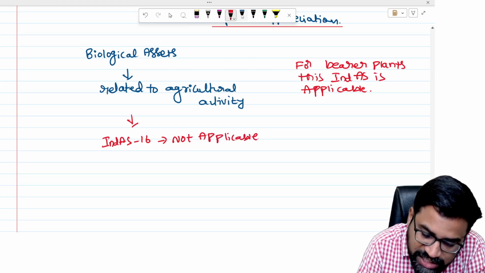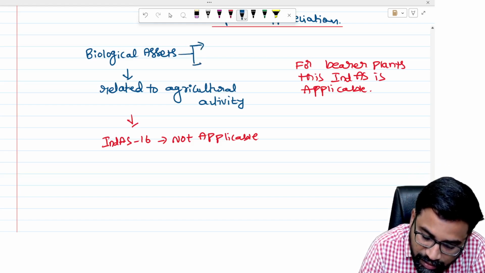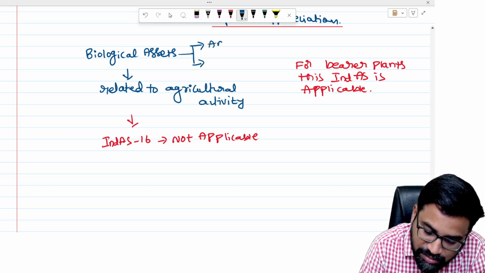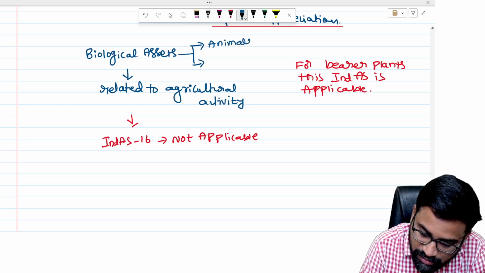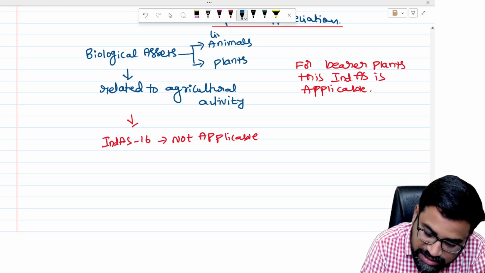So first of all, what are biological assets? See, biological assets means living animals or plants.